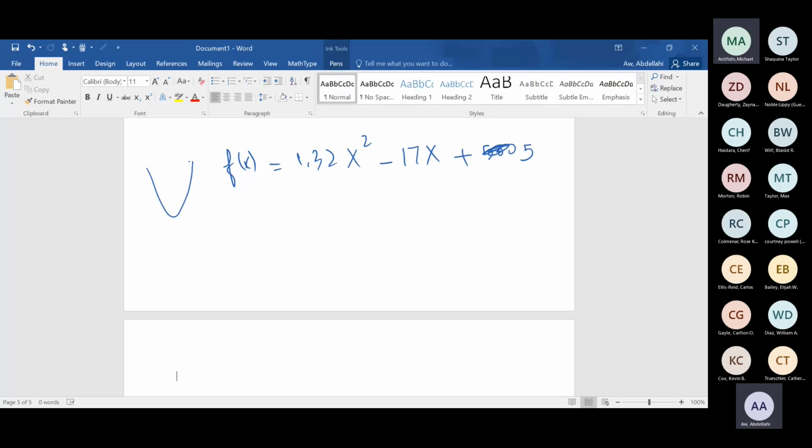When I say, when do we reach the minimum, when do we make the minimum profit? It is the h of the vertex. It's going to be 17 over 2.64. What is the minimum profit? Then we have to plug in that number to get the k, etc., etc.